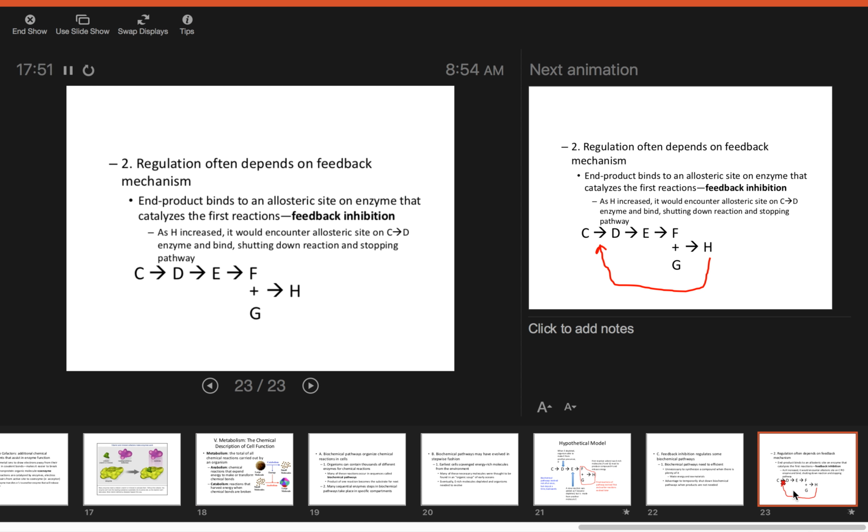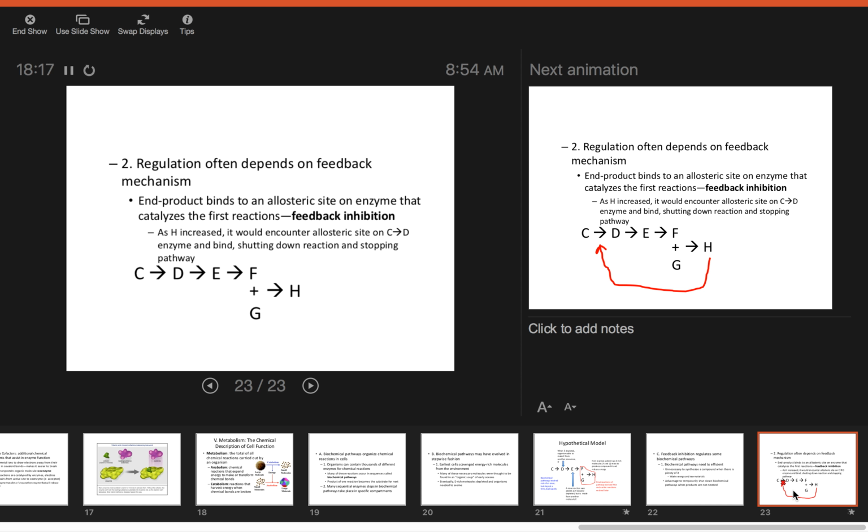The regulation often depends on a feedback mechanism, so I'm going to talk a little bit about that here. The end product in a chemical reaction might bind to an allosteric site on an enzyme and inhibit the first reaction. So there's this feedback inhibition where the products can go back to the beginning and control how fast or how slow the reaction is.